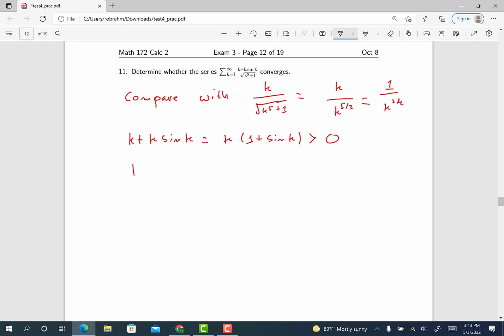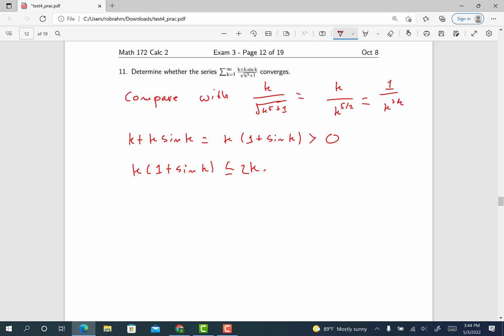On the other hand, even if we allow non-integer values of k, k times 1 plus sine k is always less than or equal to 2k. And if we just look at integer values of k, it's always strictly less than 2k.